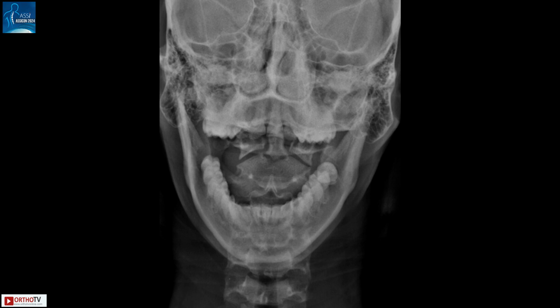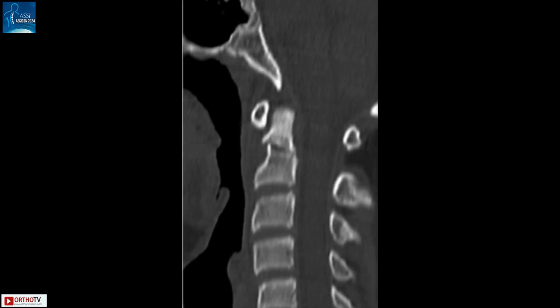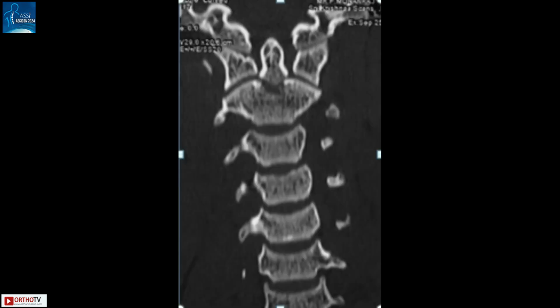This can be well appreciated in a CT scan, which shows the normal relationship between the C1 and the C2. There is no anterior subluxation, which rules out an unstable C1 ring fracture. The coronal cut shows the type 2 odontoid with the normal relationship of the C1 C2 joint.